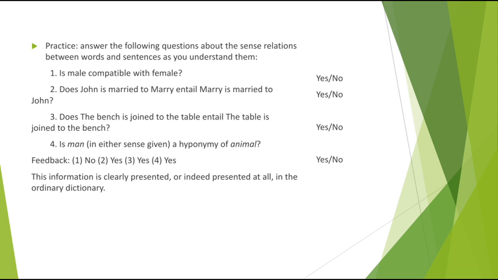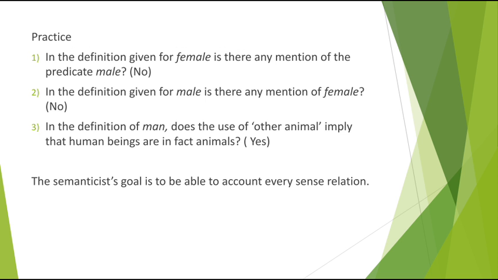The answer is yes. Now look at here, is this information clearly presented, or indeed presented at all, in the ordinary dictionary? The next practice. Number one, in the definition given for female, is there any mention of the predicate male?